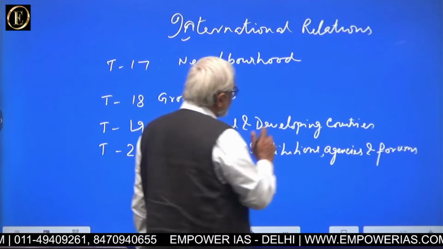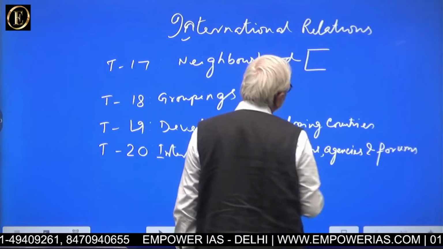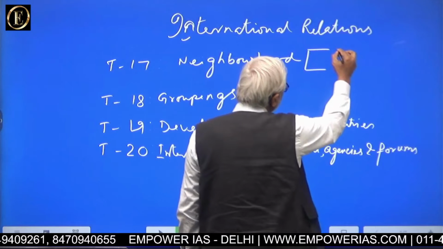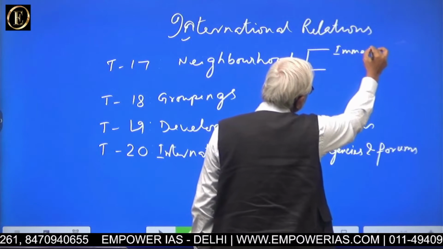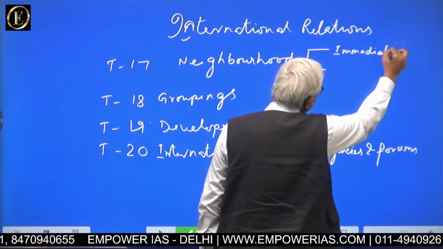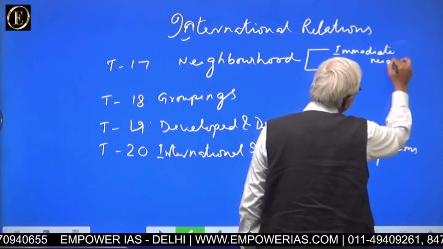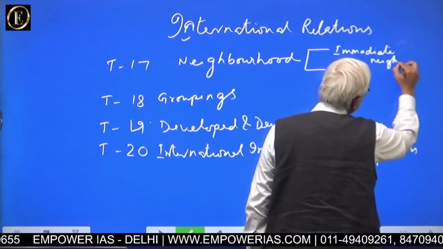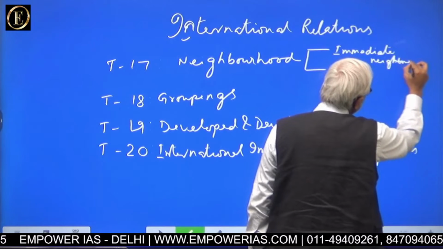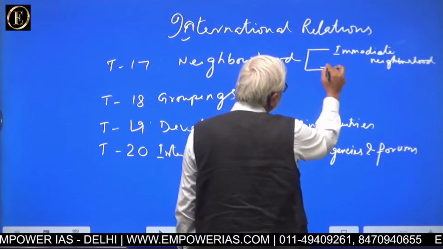Neighborhood is having 2 areas. One called immediate neighborhood, and extended neighborhood.